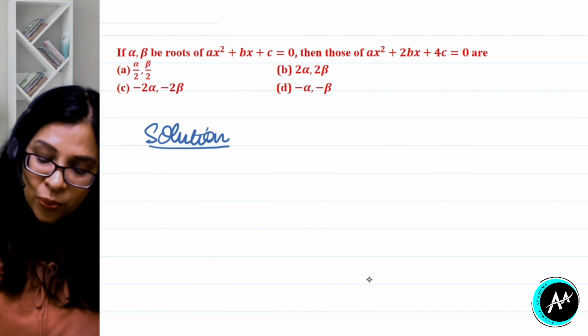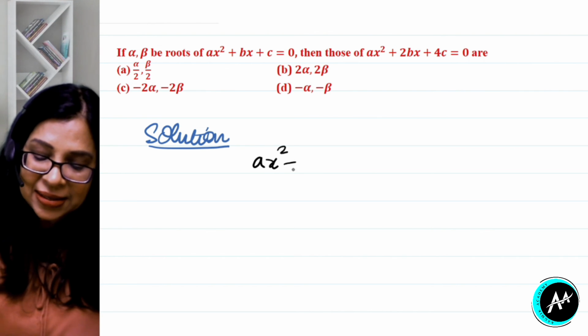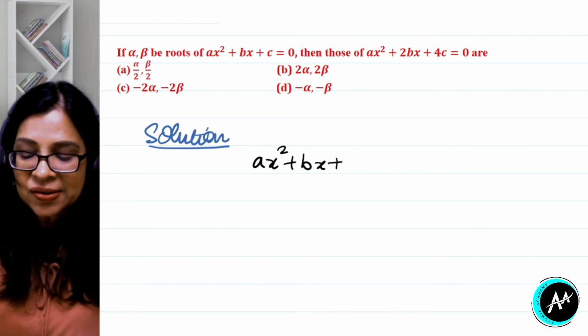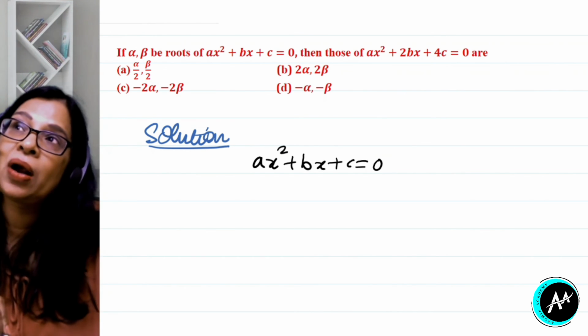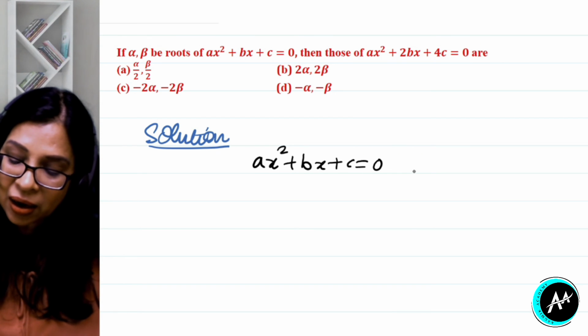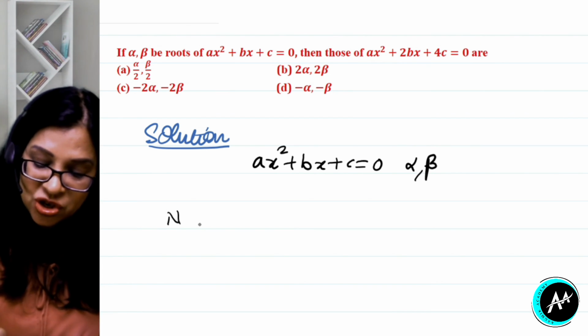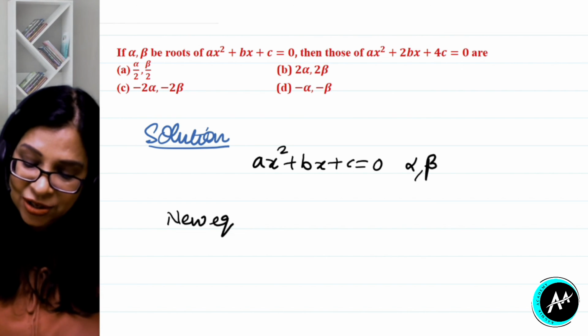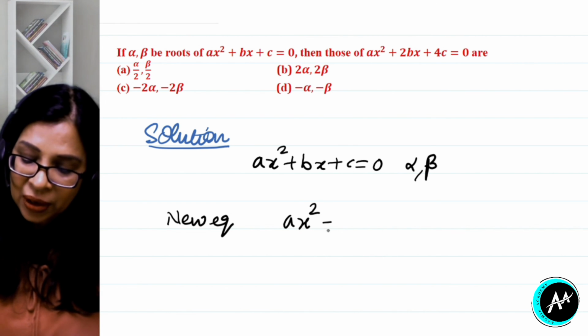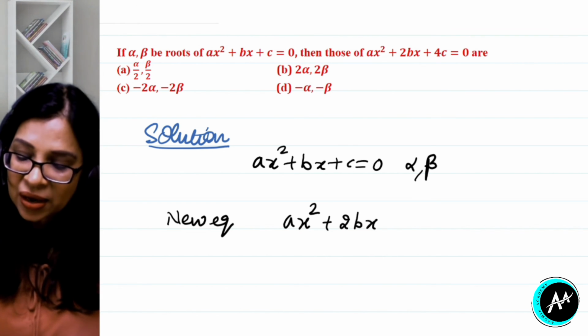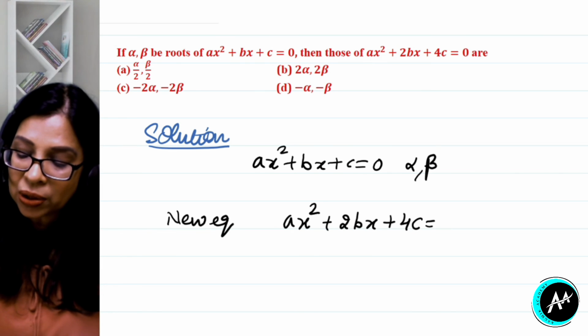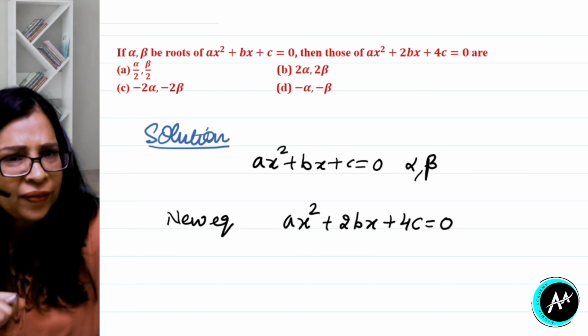Now the original is ax square plus bx plus c equal to 0. What are the roots now? Roots are alpha and beta. Now in this case, the new equation is already given to you. What is it? Ax square plus 2bx plus 4c equal to 0. We need to find the roots.